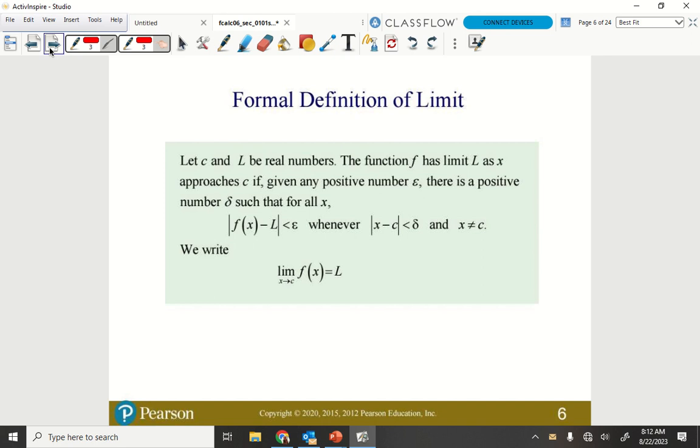Basically, this is my input, my output is my L. I'm going to have an equation here, and my output is going to be the limit of that function.